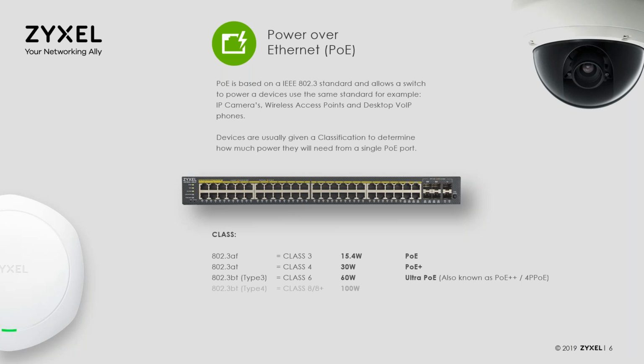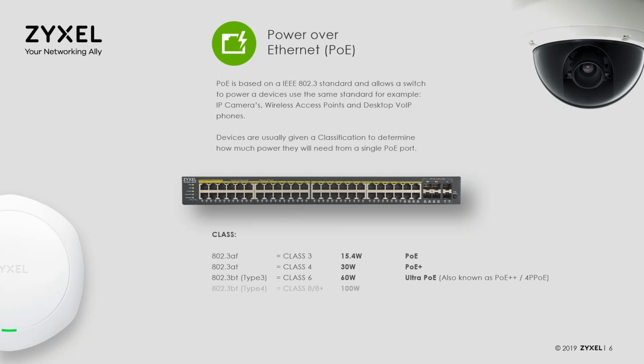So that is the maximum amount of power consumption that the powered device can have. Then we have the AT standard or class 4, meaning that the switch is delivering 30 watts of power, and the maximum amount of power available to the powered device is 25.5 watts.